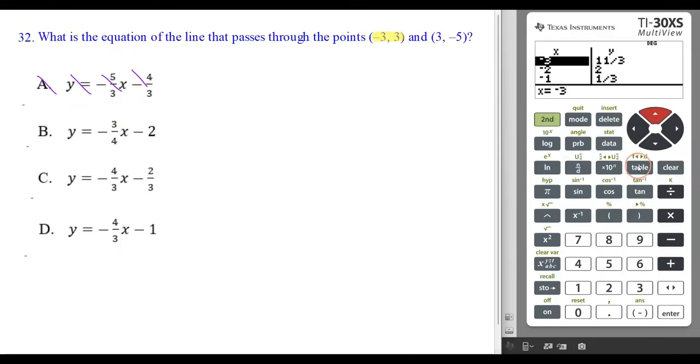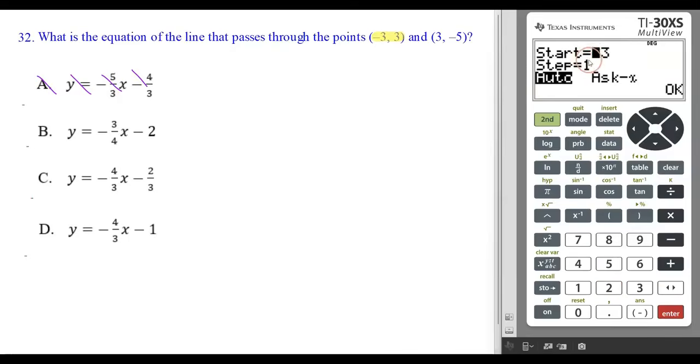Simply go back to table here. Punch in this new equation, -3/4 x minus 2, just like you did this one. You can hit clear just to start over if you want to. -3/4 x, I'll do this a little quicker, minus 2. Hit enter.